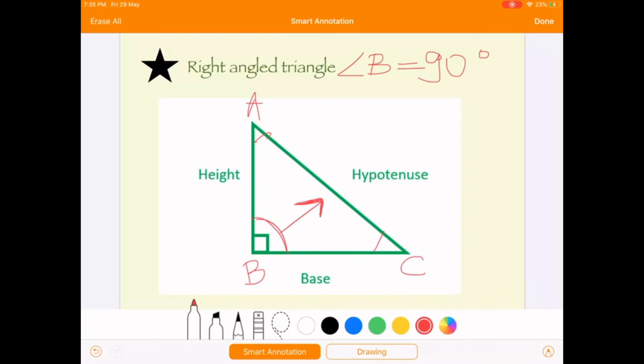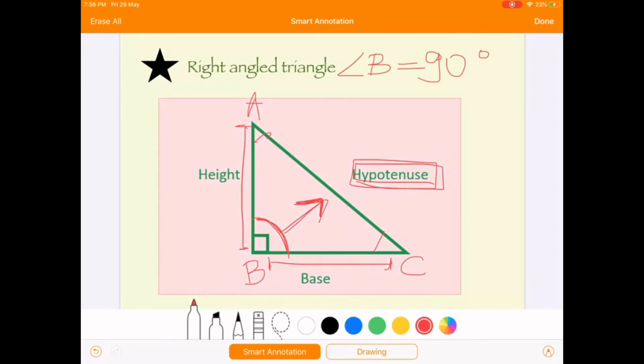The side opposite to 90 degrees is called the hypotenuse, and this is what the Pythagoras theorem is about. I'm not going to tell you right now, but you will understand it. So AB is height, BC is base, and the side opposite to 90 degrees is called the hypotenuse.